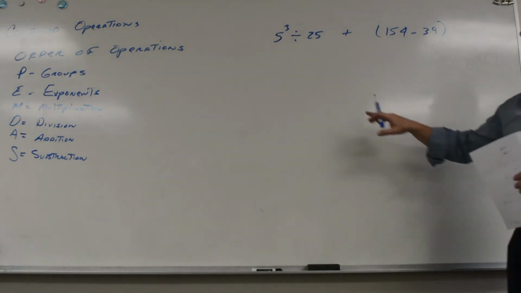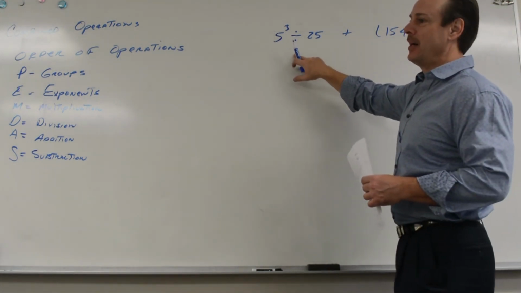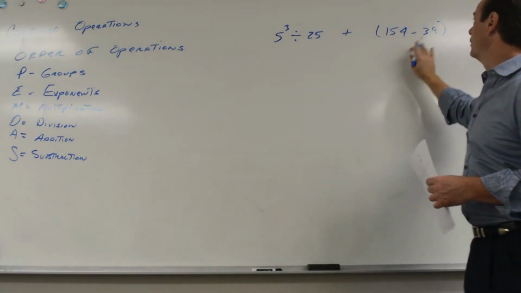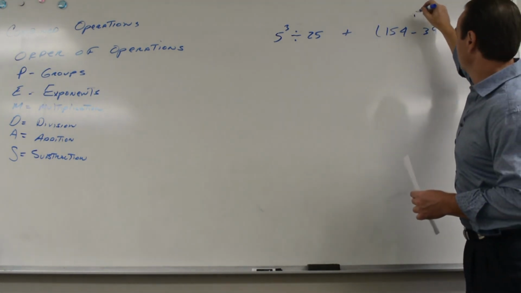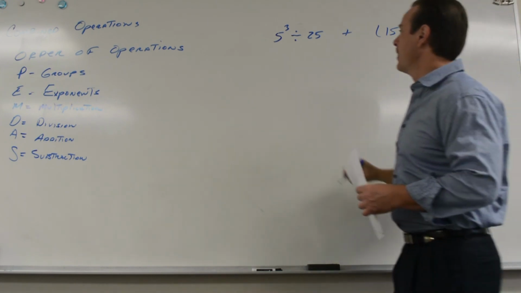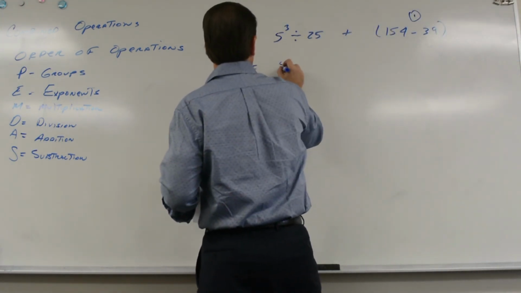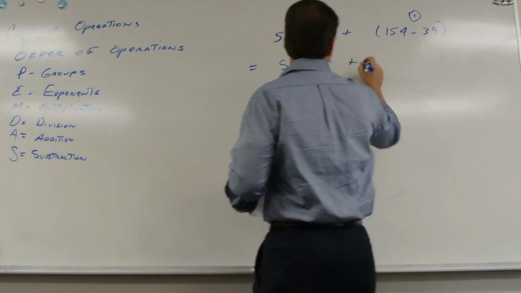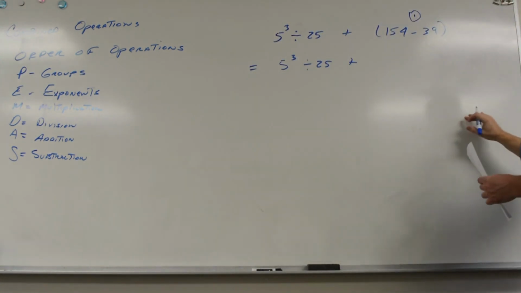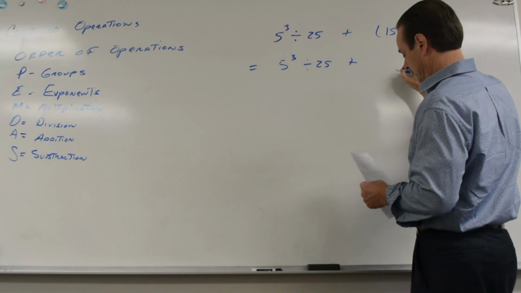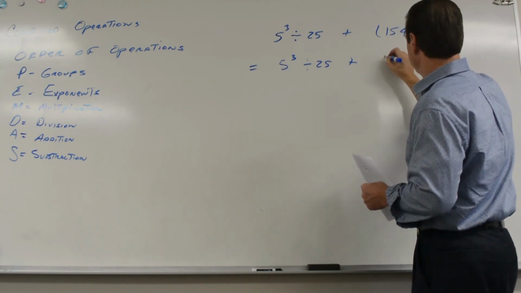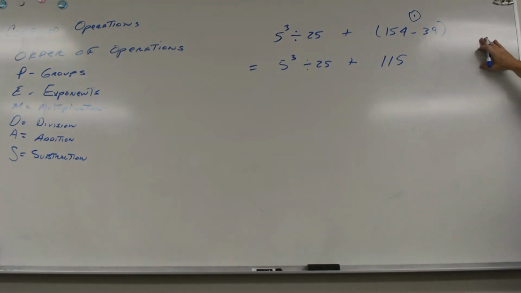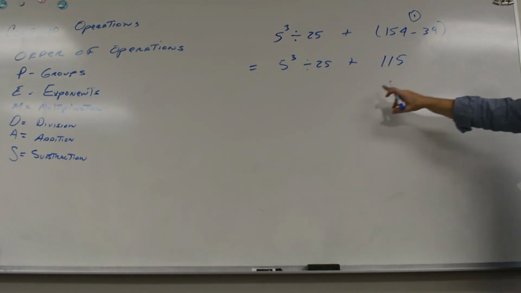All right, remember this 5 to the 3rd here is 5 times 5 times 5. So let's do, oh, we've got to go to the groupings first anyway. I'm in the wrong order. What are we going to get here? Okay, we've done our groupings. Are there any exponents?